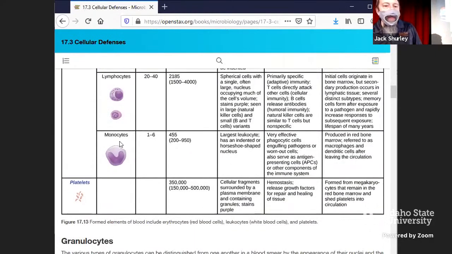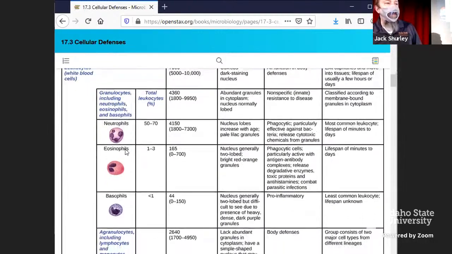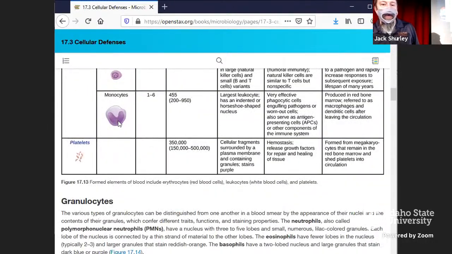So the monocytes, these guys are bigger than any of our other leukocytes. All right, they're a little bit easier to distinguish that way when you're looking at a smear. You start seeing lots of these nucleated cells, and then all of a sudden there's one that's kind of a monster.